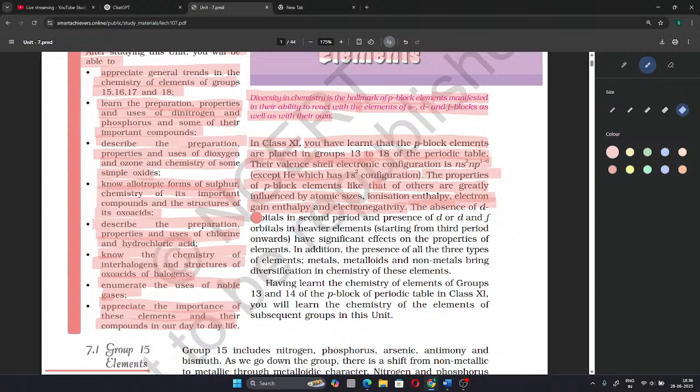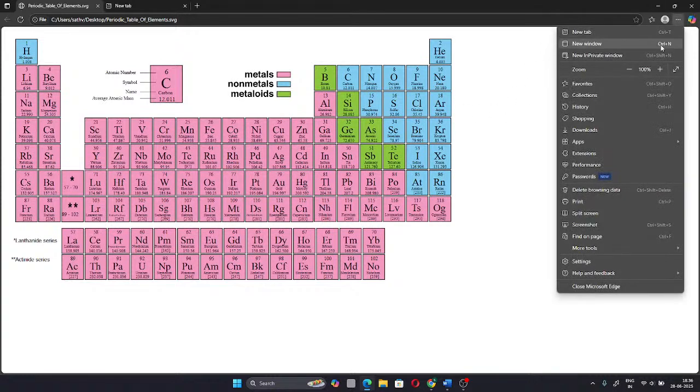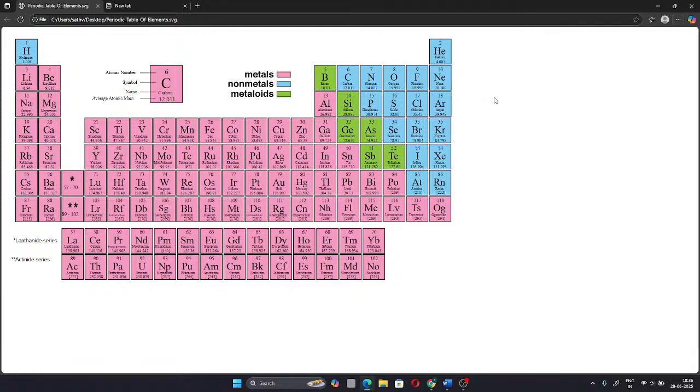The absence of d orbitals in the second period and the presence of d or d and f orbitals in heavier elements starting from the third period onwards have a significant effect on the properties of elements. In the periodic table, helium has a 1s2 configuration.